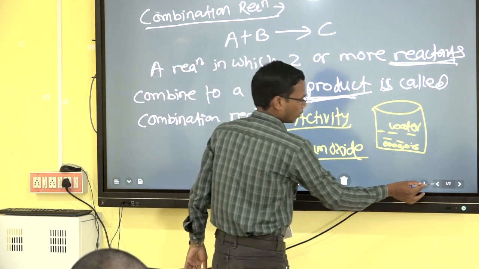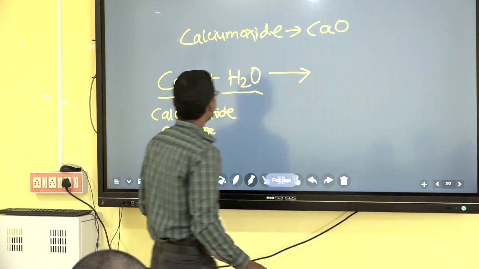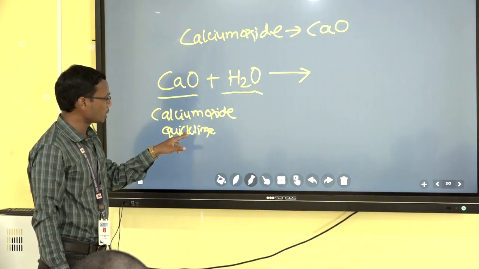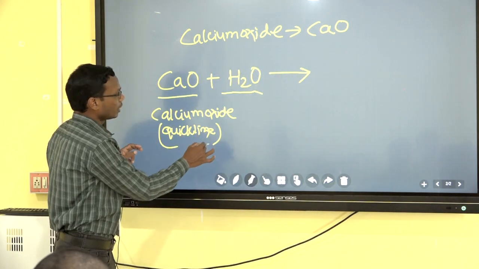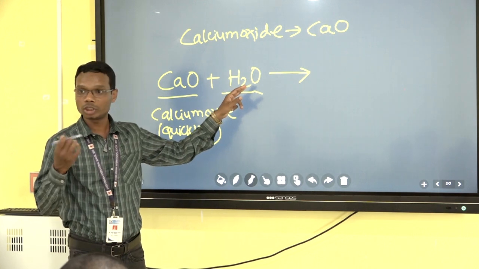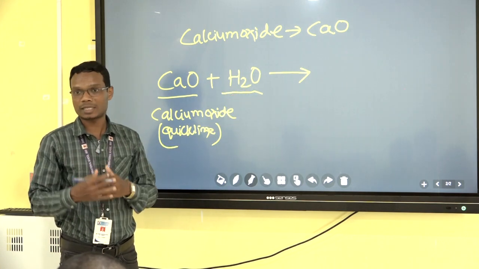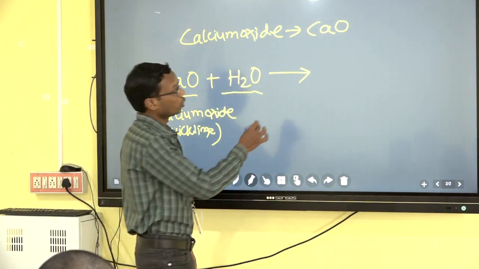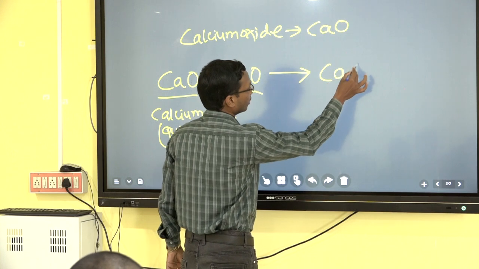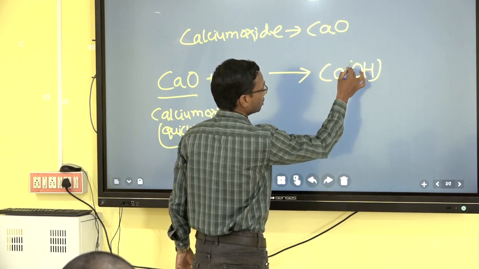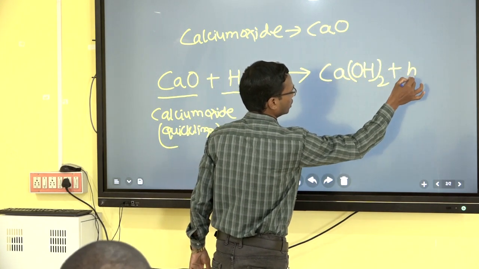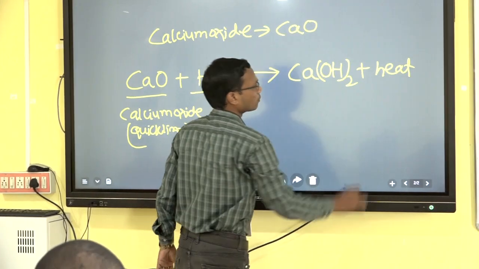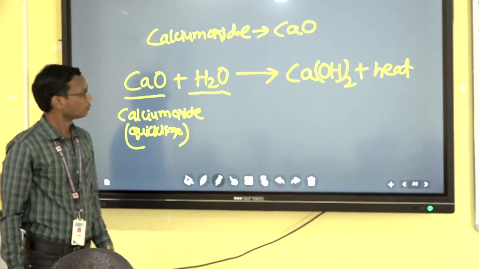Why? This is due to when calcium oxide or quicklime is mixed with water, it reacts very fast or vigorously to form calcium hydroxide plus heat. Understand?